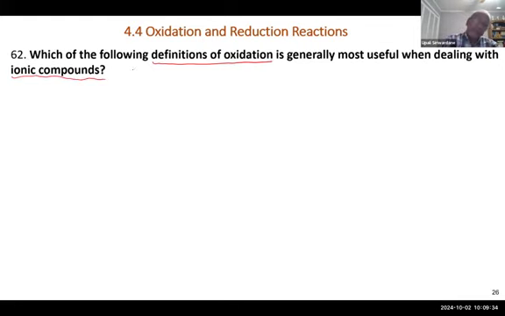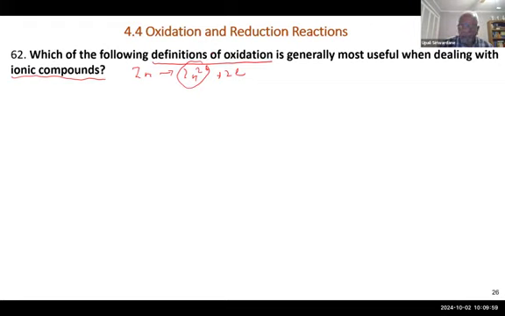Ions like zinc go to zinc 2 plus. When you have ions involved, ionic compounds involved, we can directly show the gain or loss of electron.